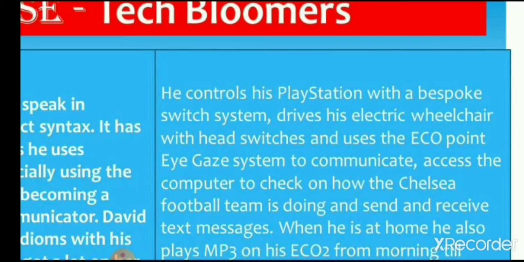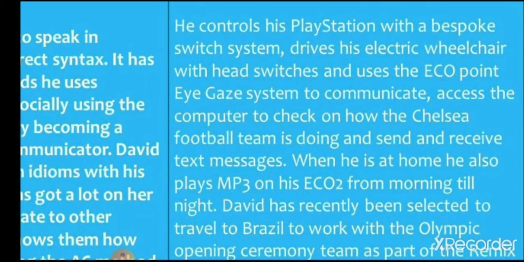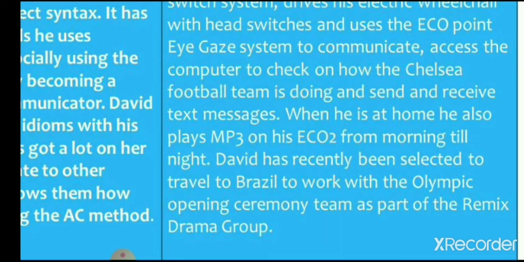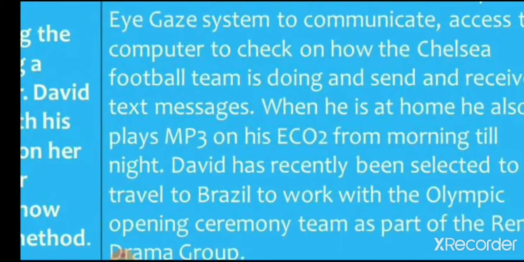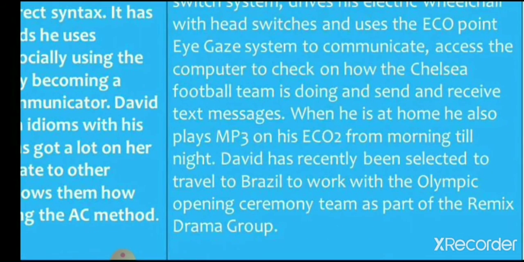He drives his electric wheelchair and uses the Echo Point eye gaze system to communicate and access the computer to check on how the Chelsea football team is doing and send and receive text messages. As I told you, he has keen interest in sports, particularly football, baseball, hockey.